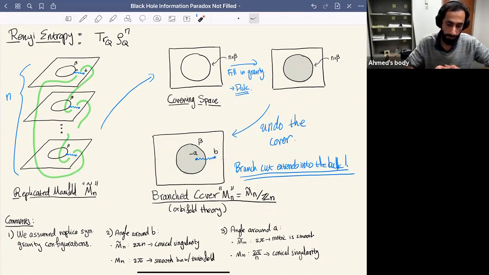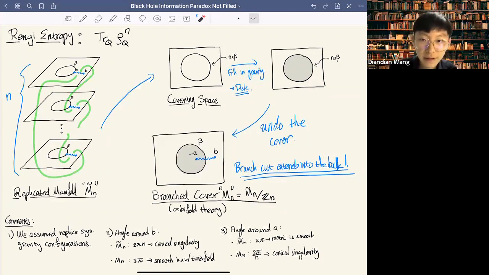Okay, let's say it like that. And after taking the quotient, and you sort of ignore the branch cut, the length of this circle here is beta, which I believe is what Lewkowycz-Maldacena consider, right? I see. Okay, that clarifies. Yeah. Thanks.